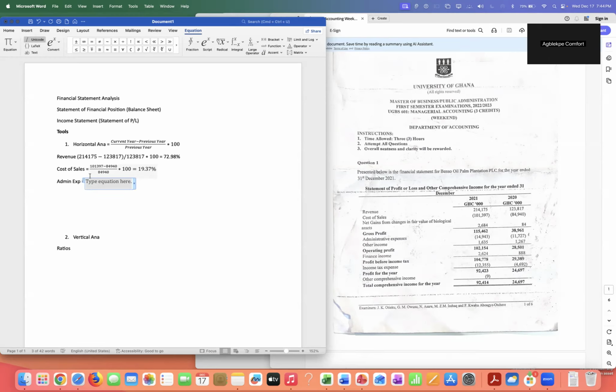I need you to note where the figures are being picked from. 14,943 minus the previous year figure, 11,727. Divided by 11,727, times 100.